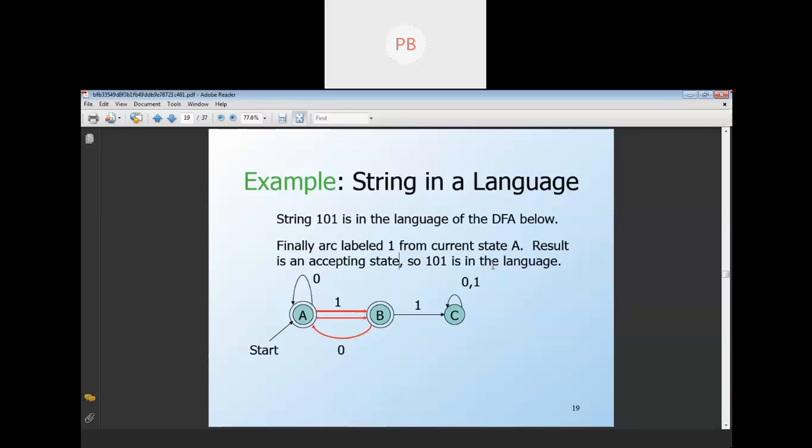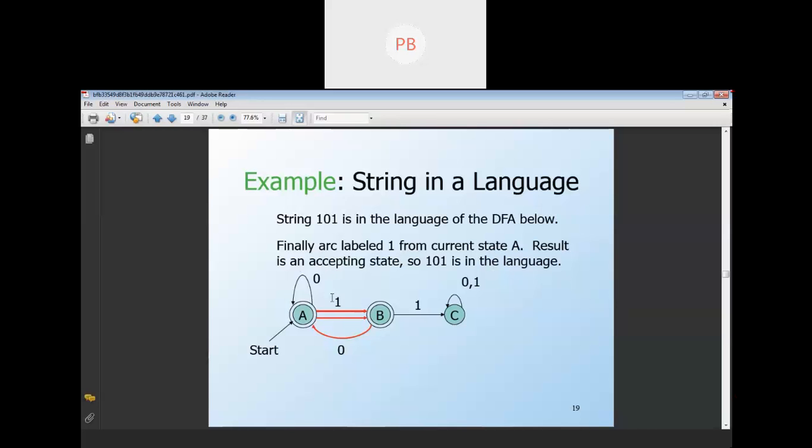Now we have to define whether the string is within the language or not. We cannot directly define it. What we have to do is verify whether the given string is accepted by the DFA or not. If yes, the string is within the language, and if not, the string is not in the language.